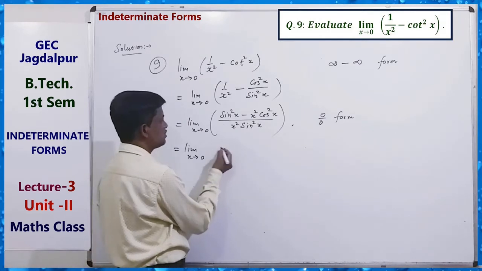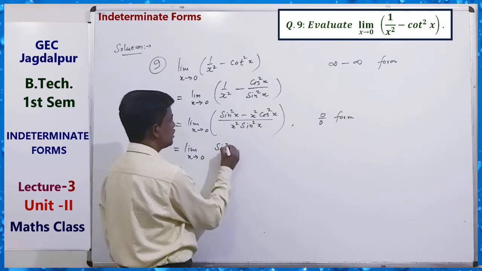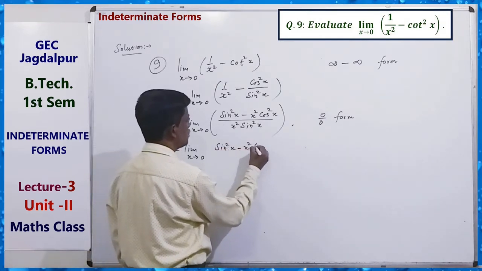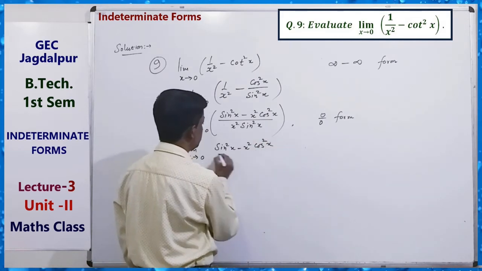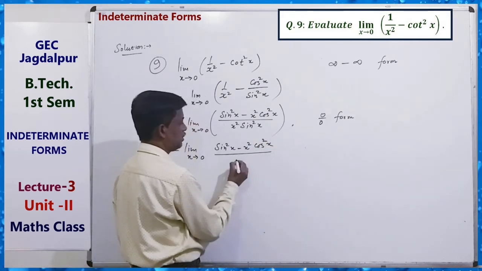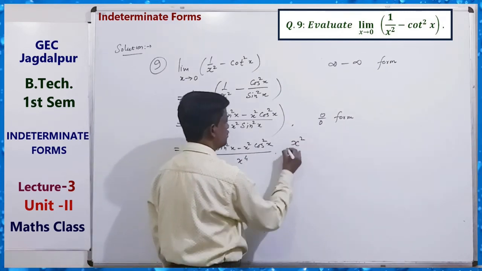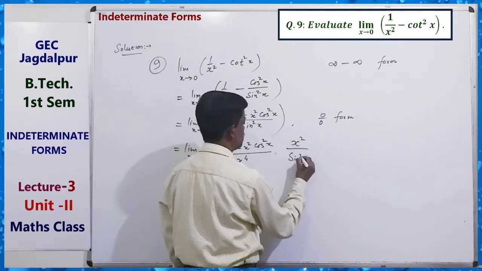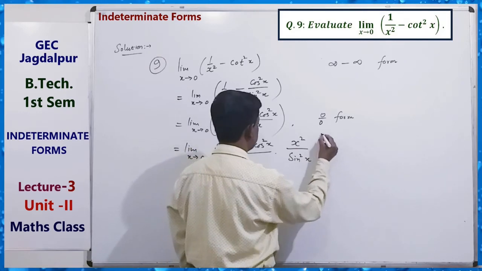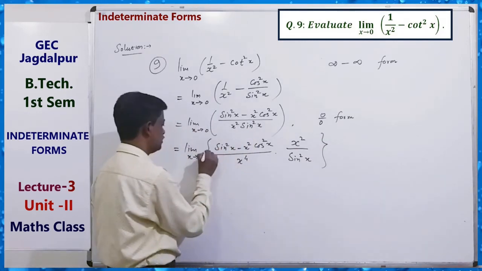So here we can write like this: sin square x minus x square cos square x upon x power 4, x square upon sin square x. Just we can write like this.